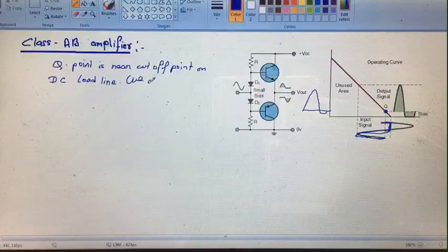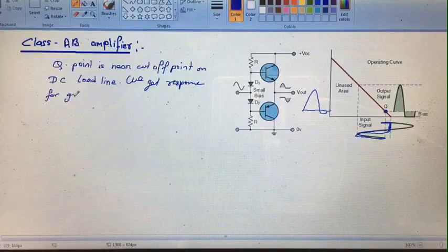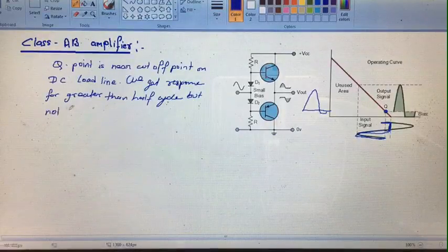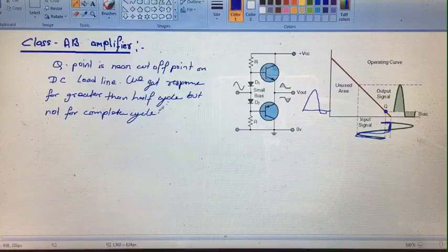We get response for greater than half cycle, but not for complete cycle. It means we are getting response greater than 0 to pi, but not completely for 0 to 2 pi.